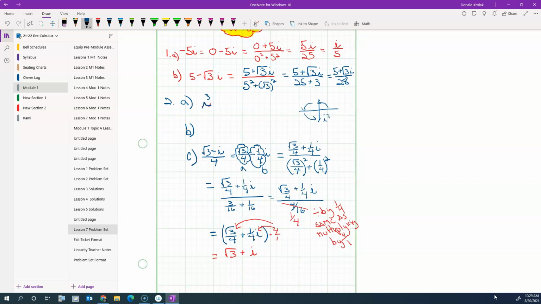So i cubed is the same as negative i. Any questions on why that is, folks? So I could just rewrite this as negative i, which is the same as 0 minus i. There's A. A is 0 and B is 1.